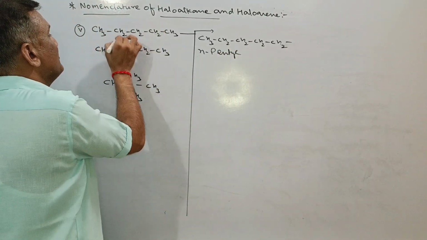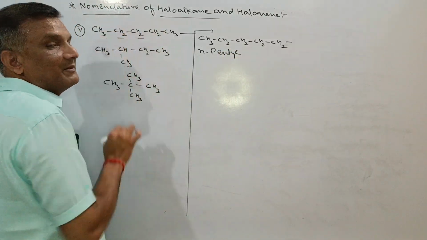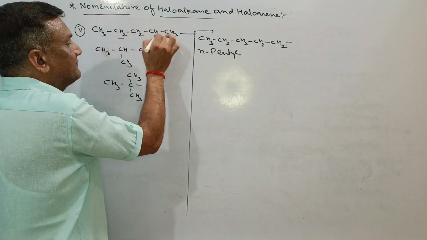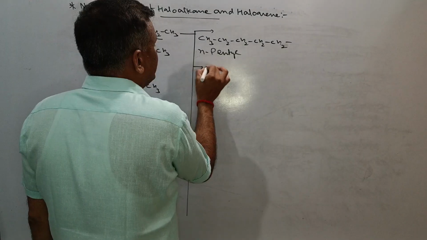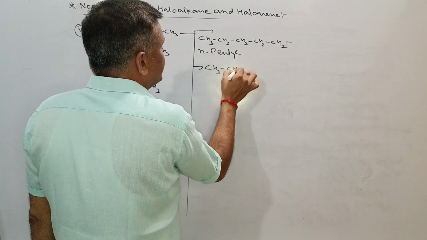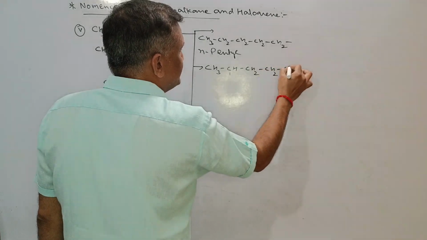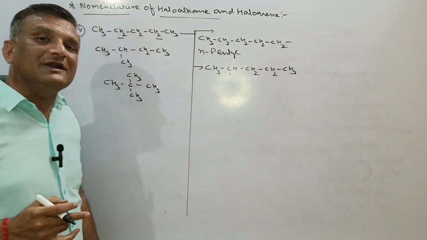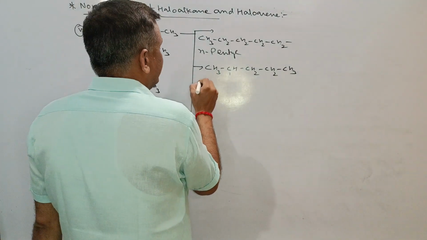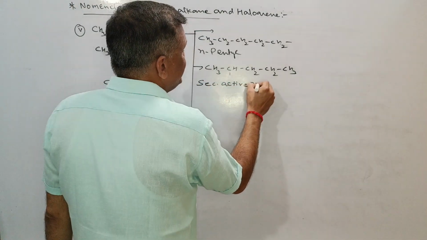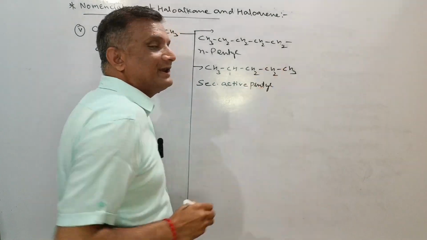If I remove the hydrogen from the number 2 position, either from the left or from the right, then this will be as follows: CH3CH, CH2, CH2 and CH3. This is called secondary active pentyl. Active means that it is optically active.